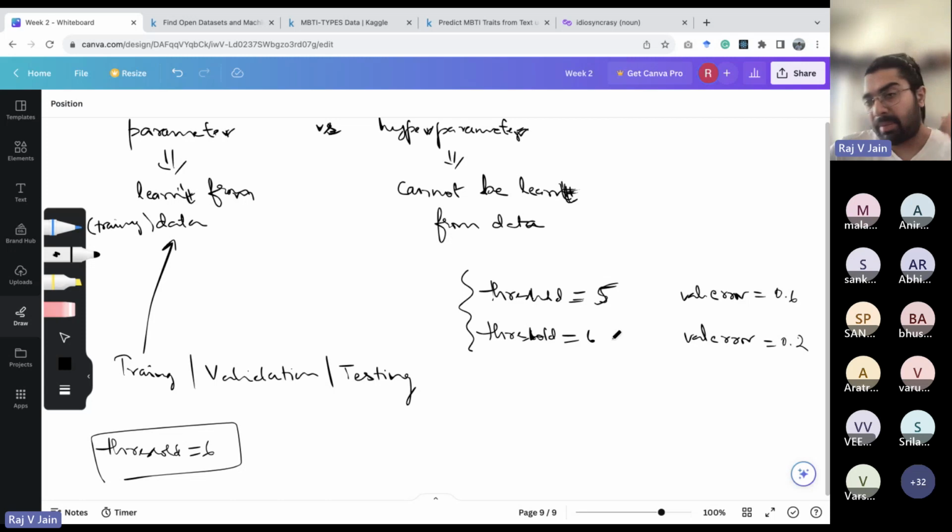For me, that is the best in my set of values. So whatever model was trained for threshold equal to 6 will be chosen as the final model. And whenever test data comes, you will apply that model on the test data, make predictions, find out test errors, and so on.